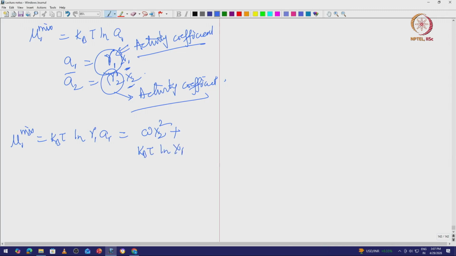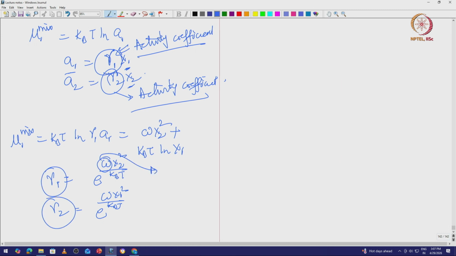So, from here I know gamma 1 is equal to e power omega x2 square by kBT, okay, and gamma 2 equal to e power omega x1 square by kBT, right. So, activity coefficients are actually related to your interaction parameter, right. So, omega is what is called the interaction parameter, right.